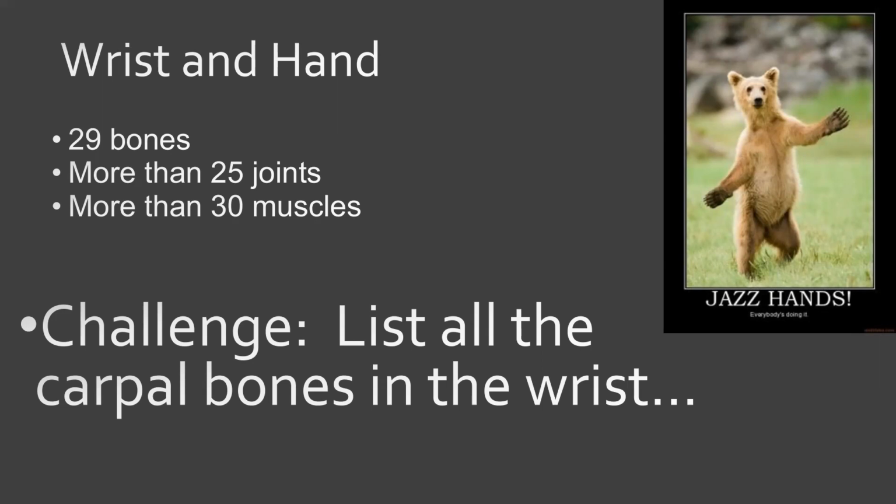Primarily, you're only going to have 2 degrees of freedom with virtually everything in the wrist and hand. So wrist flexion, extension, radial and ulnar deviation. While you can kind of circumduct your wrist, it's really not true circumduction. The only time you can actually circumduct for real is when you can rotate.